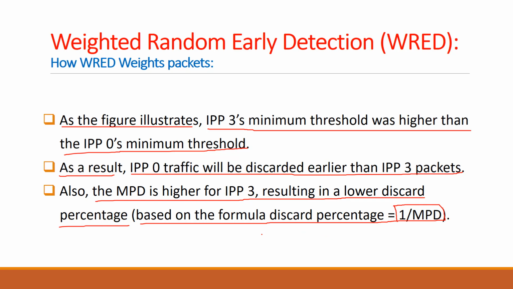When the minimum threshold for IP precedence 3 is higher than the IP precedence 0's minimum threshold, the traffic for IP precedence 0 will be discarded earlier than the IP precedence 3 packets. This is number one. Number two, the percentage of traffic discarded for IP precedence 3 is lower than for IP precedence 0. It means that for IP precedence 0, a higher percentage of discarded packets will occur than for IP precedence 3.